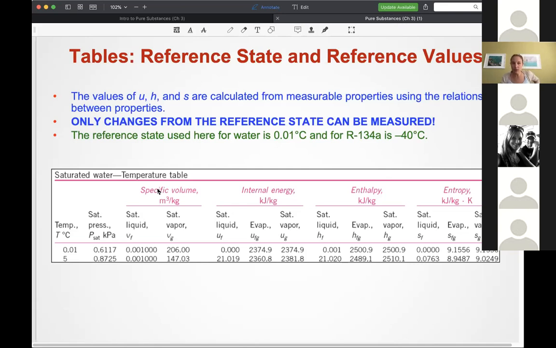So all of these measurements are only changes from the reference state. So we can only measure when we have a comparison, right? So we have R134A at negative 40 degrees Celsius. Water, we have at 0.01 degrees Celsius. This is the reference state that we're using, and we're comparing everything to that. So these are comparative tables based on this reference state.